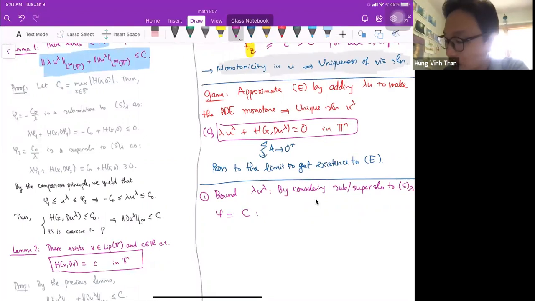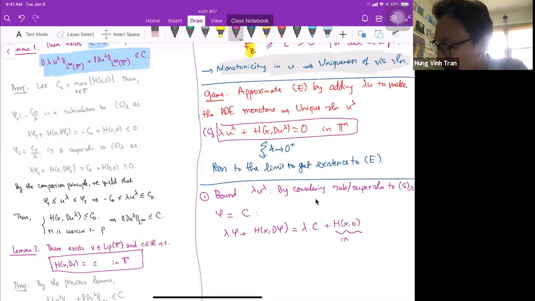sub and super solutions. So if you consider a constant and plug it into the equation, you have lambda phi plus h of x d phi equals lambda times c plus h of x times 0. You know that this is bounded by the L infinity norm of h, and 0 is just 0.